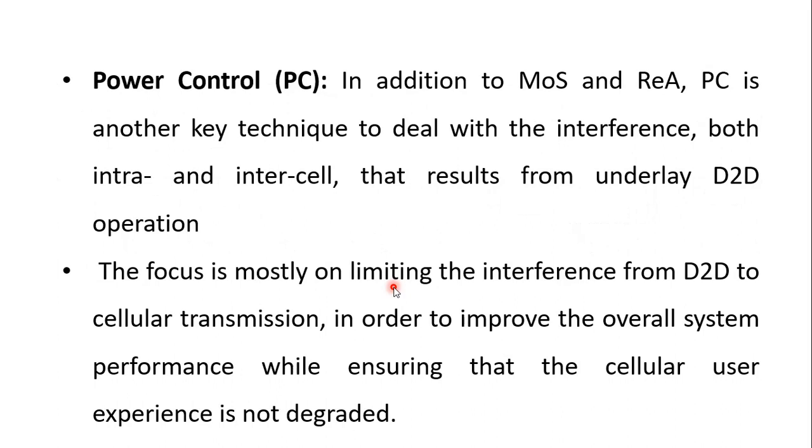Next is power control. This is PC. In addition to mode selection and resource allocation, power control is one of the most important techniques which we have to deal with.